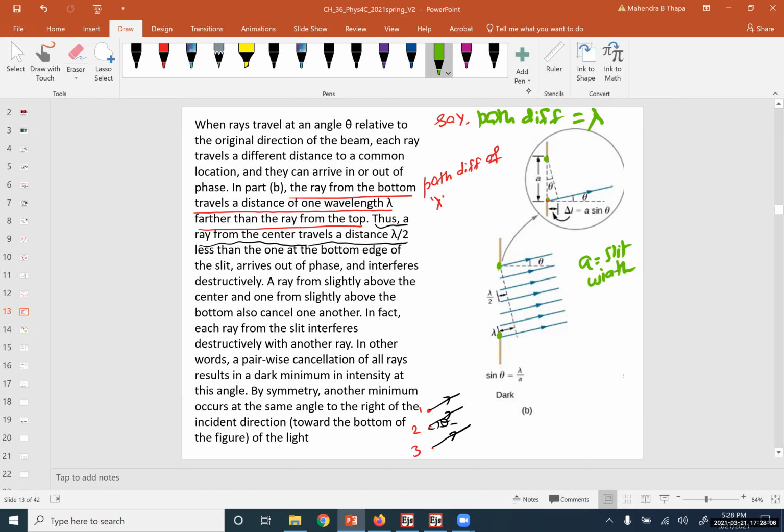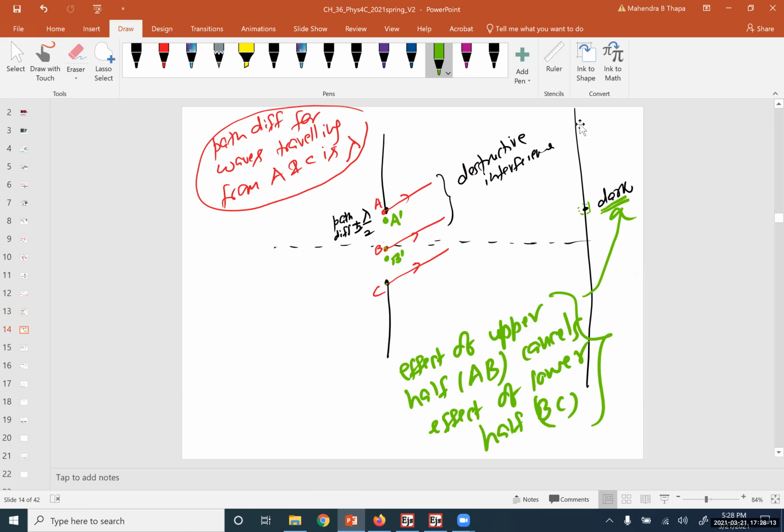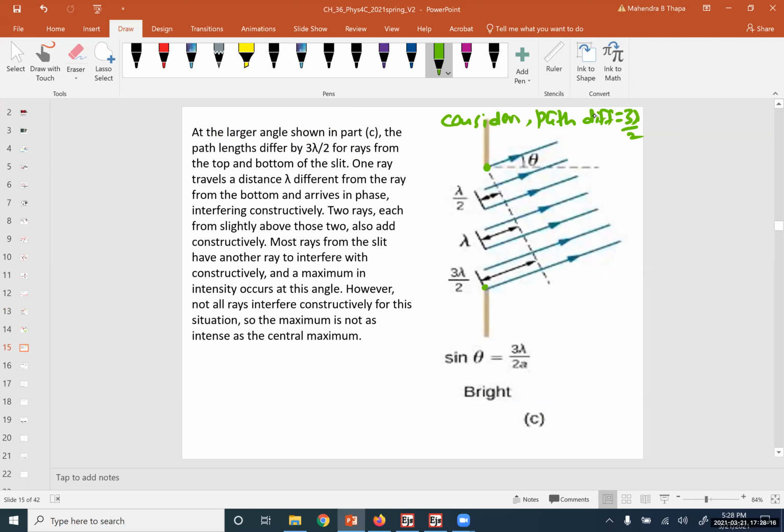We don't know, it could be anything: lambda, 2 lambda, 3 lambda. So we will consider all the options, maybe 1.5 lambda, 2 lambda, and so on. Now we are considering 1.5 lambda, which is basically 3 lambda over 2. If this is the case, what will happen?